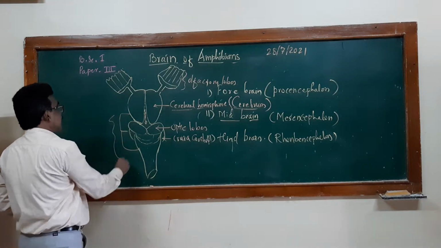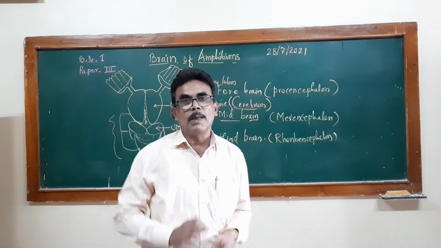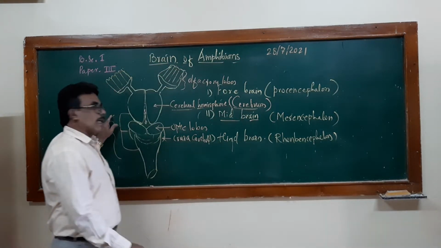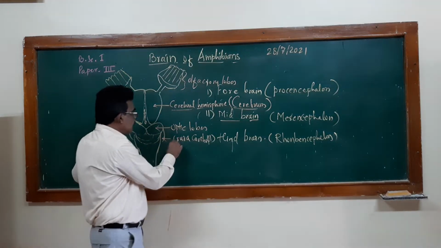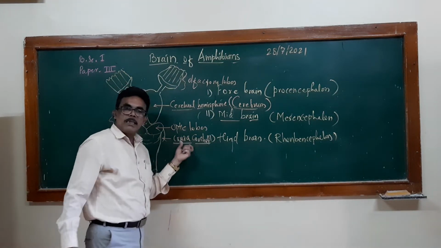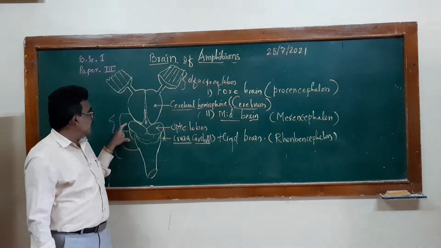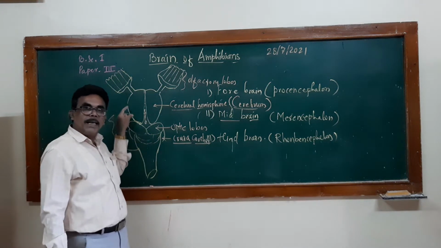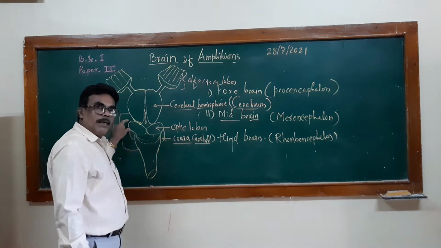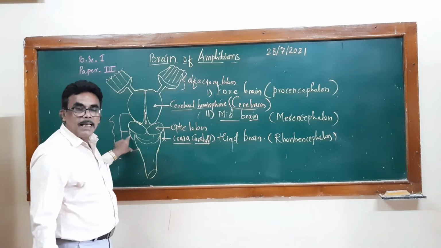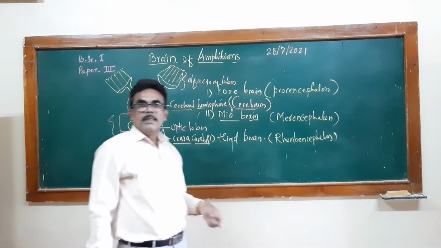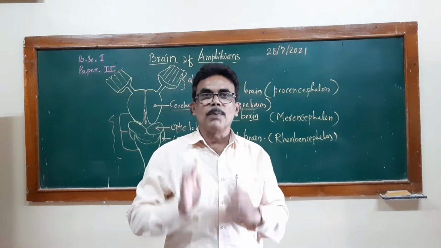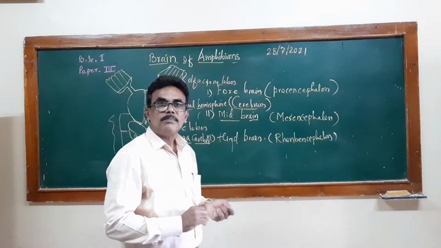So it is concerned with the union, or keeping in proper position, of the particular brain parts. That is why crura cerebri is the muscle band which connects and keeps intact the different brain parts, that is, forebrain connects with the midbrain and midbrain connects with the hindbrain. And that's why the brain is found intact and at a proper position in the brain box.